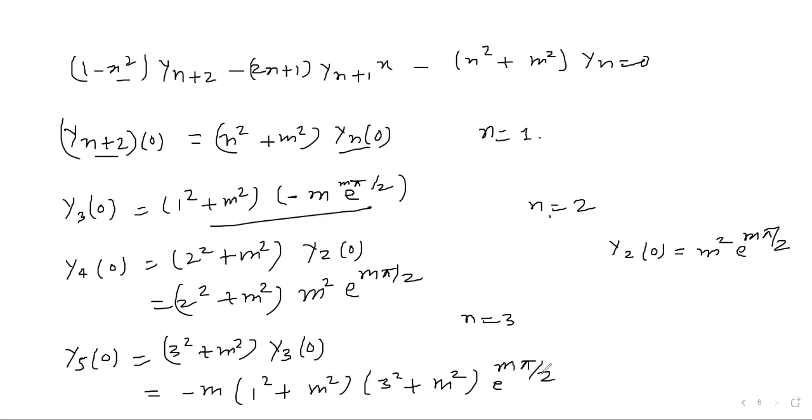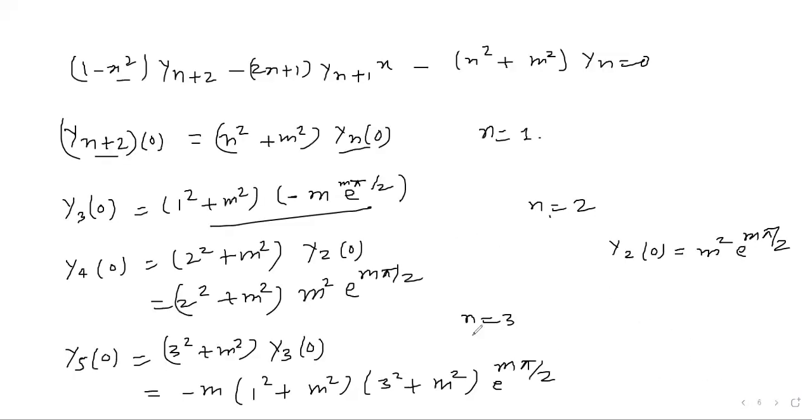Now, similarly, we can put n equal to 4. When we put n equal to 4 in this equation, n equal to 4 means y6(0). This will be 4 square plus m square times y4(0). And the y4(0) is this much, so this value we will put.